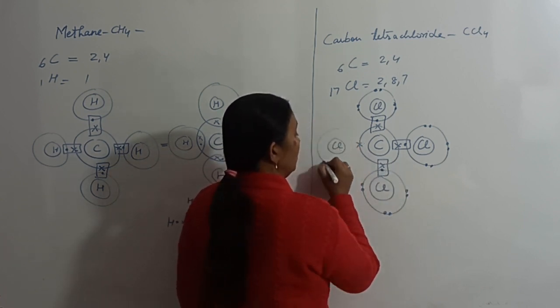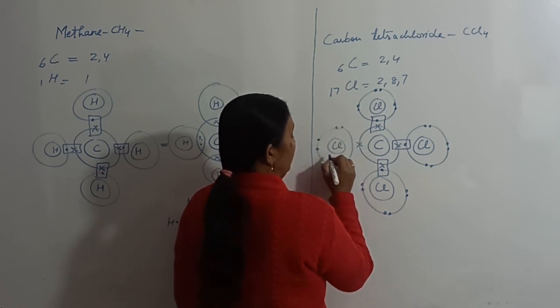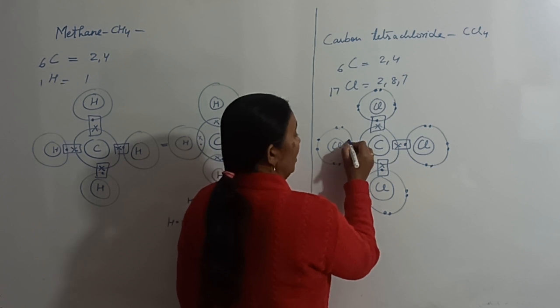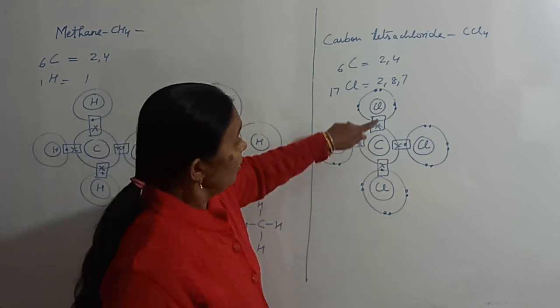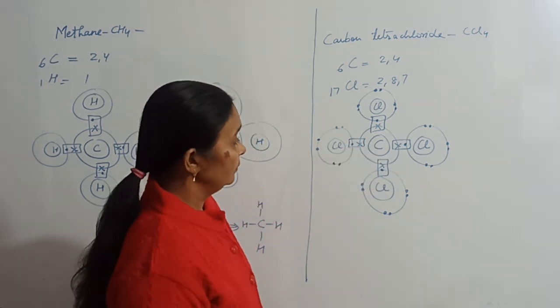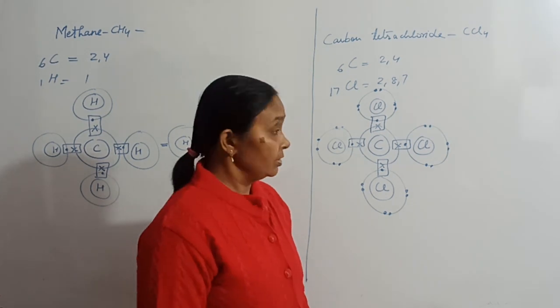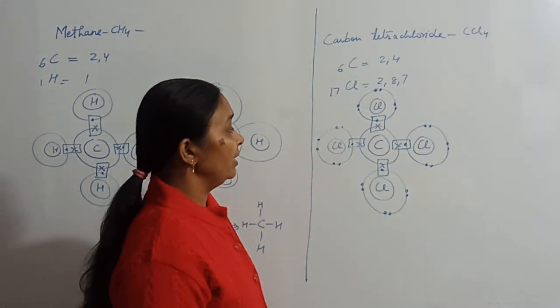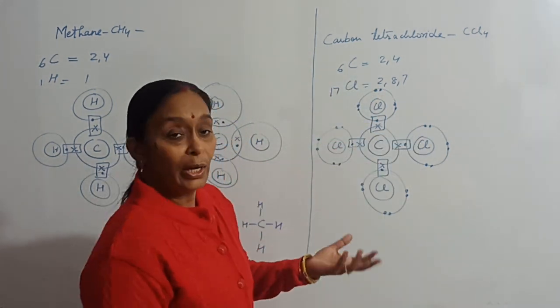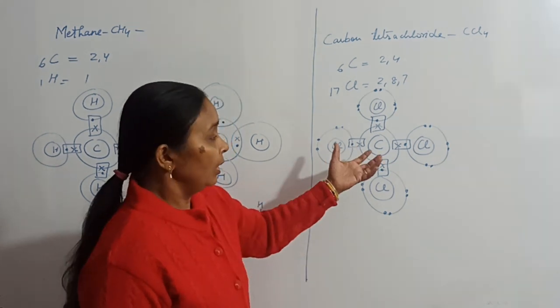Fourth chlorine atom, 7 electrons, again sharing. So like this, 4 chlorines share 1 electron with carbon, and so carbon completes its octet, and all the chlorines also complete their octet because they already have 7 electrons in the outermost shell and get 1 more from carbon in sharing.